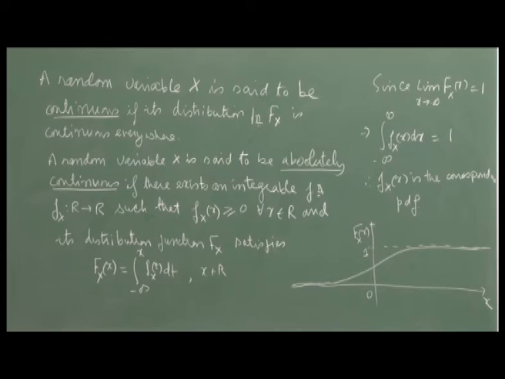We are following this definition that F_x(x) equals the integral from minus infinity to x of f_x(t) dt, x belonging to R. I just thought that one needs to say a little more than what I had said in the lecture about a continuous random variable, and of course, through examples we will come to know quite a bit more about the various kinds of continuous random variables and their properties.